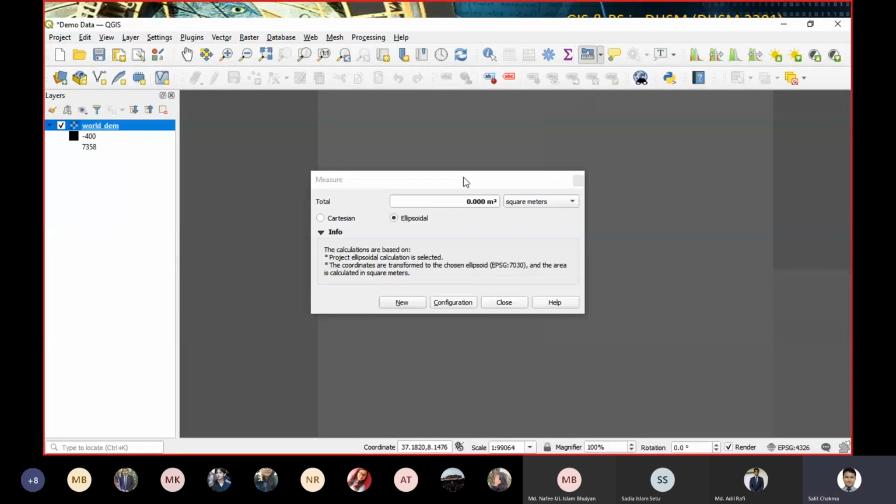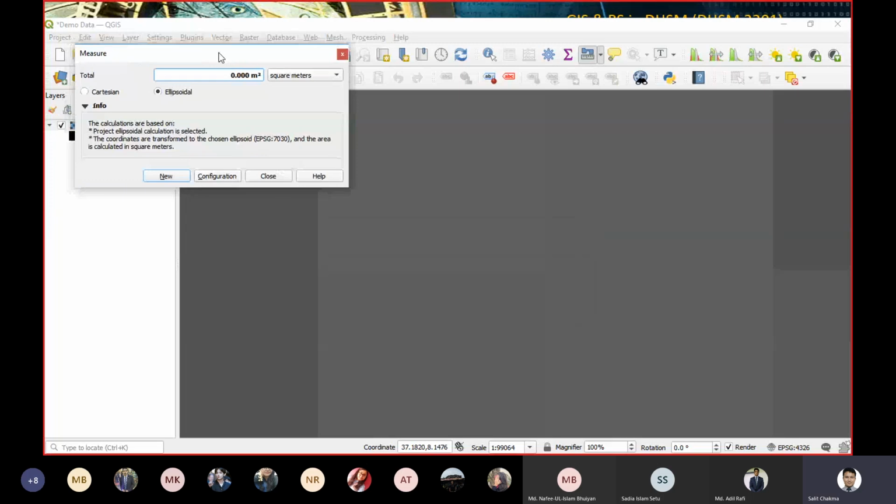What you can do is calculate square meters, no, let's do meters.